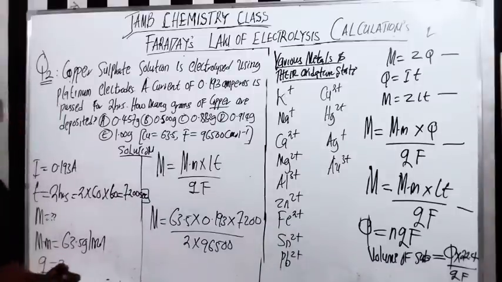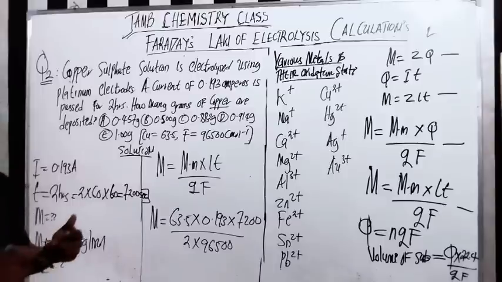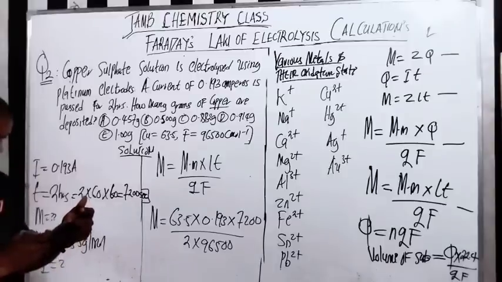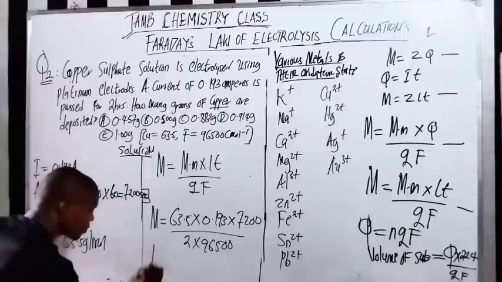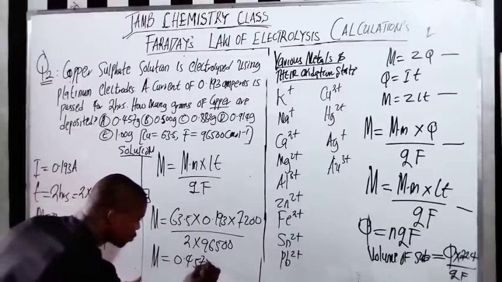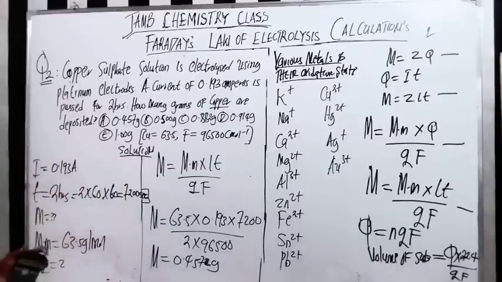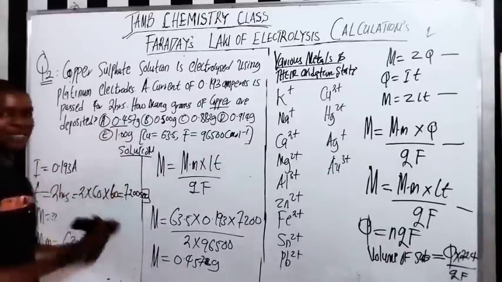Let's do our calculation: 63.5 times 0.193 times 7,200, divided by 2 times 96,500. So my M is 0.4572 grams. This is the answer. You can see how easy it is.